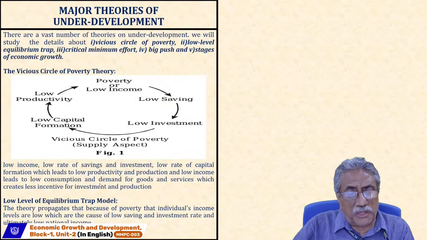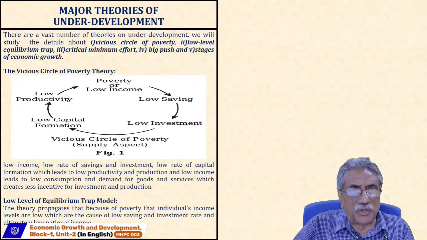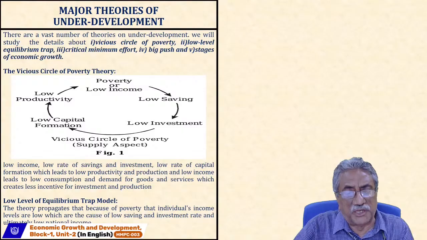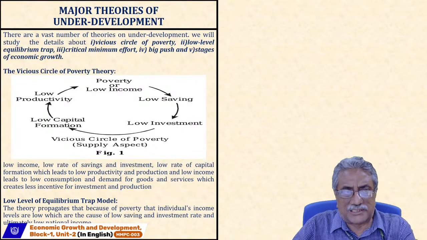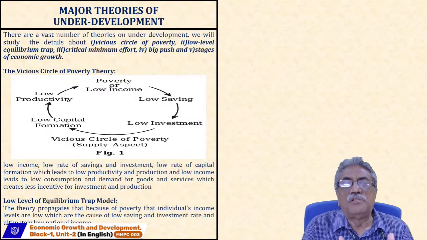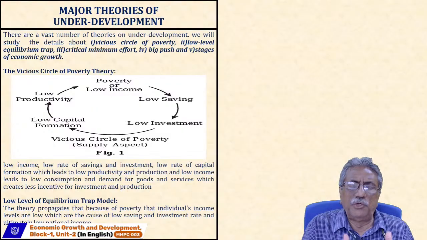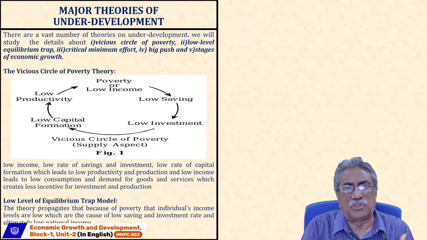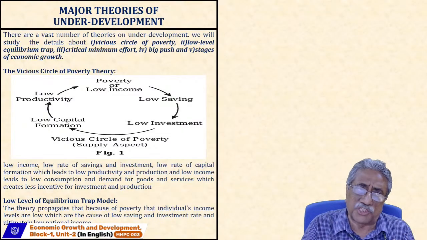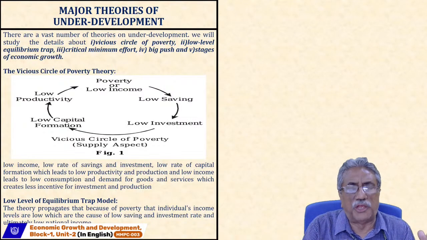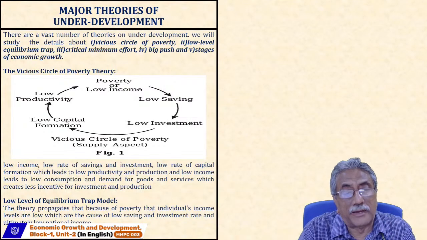Now, low level equilibrium trap model. The theory propagates that because of poverty, individuals' income levels are low. Same thing like the vicious cycle of poverty, you are trapped in this cycle. You can realize why a rickshawala always remains one, and his son is also pulling a rickshaw. They are unable to save or build up the capital to buy an auto. But I know somebody who could break it.